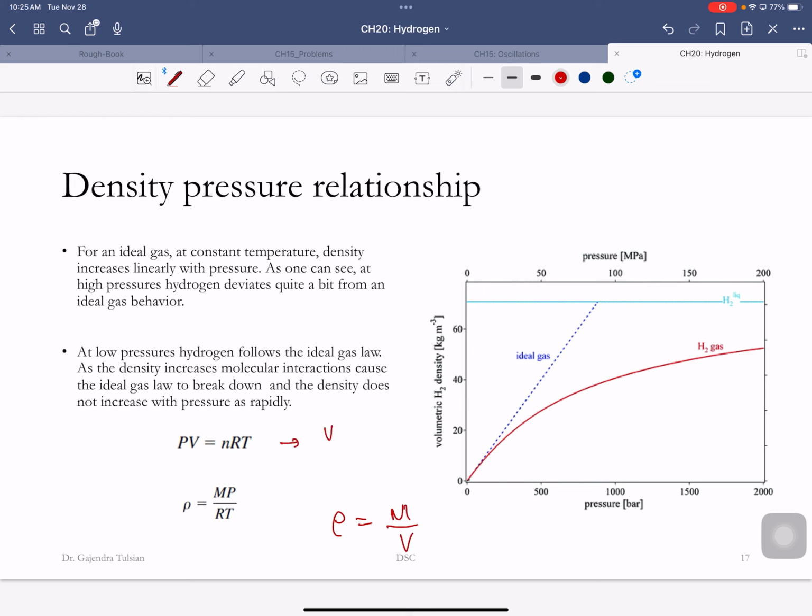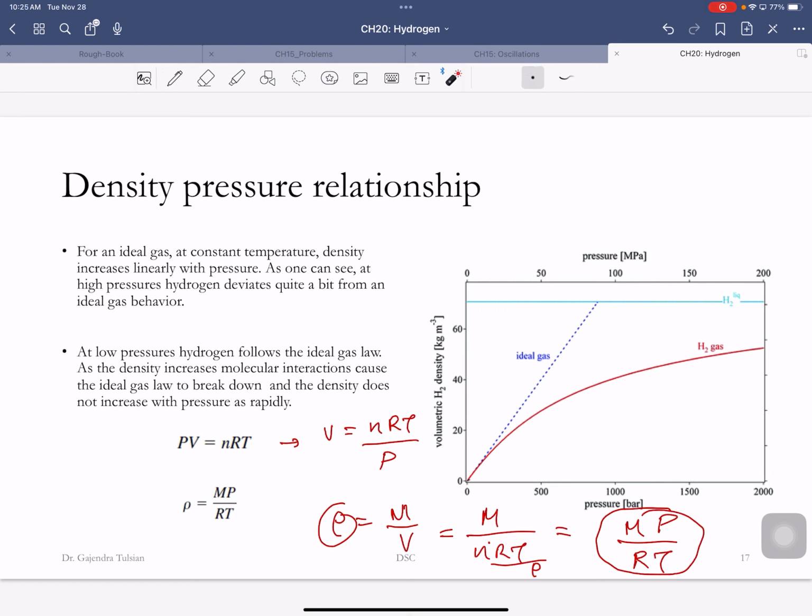From this equation, volume is nRT divided by P. We take 1 mole, and so the density is M P over RT, mass divided by that volume. At higher pressure, you see hydrogen doesn't behave like an ideal gas.